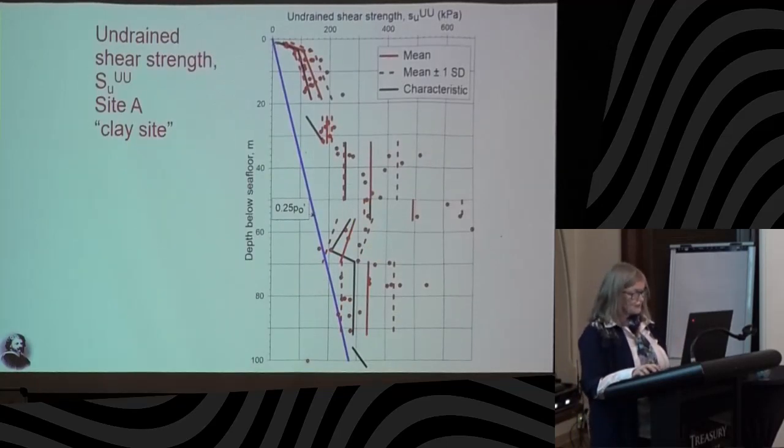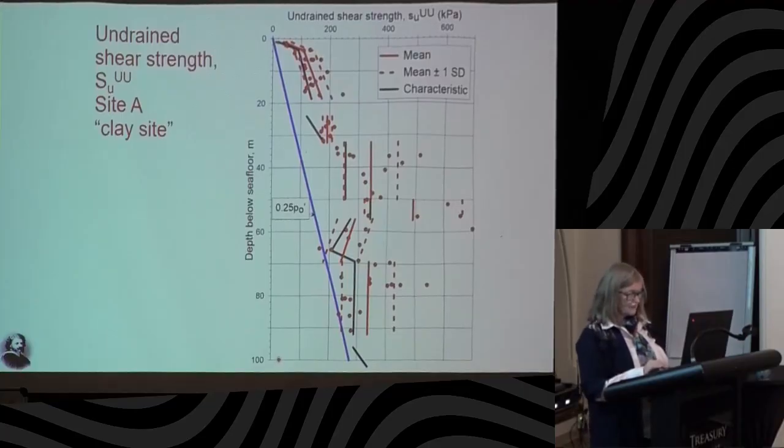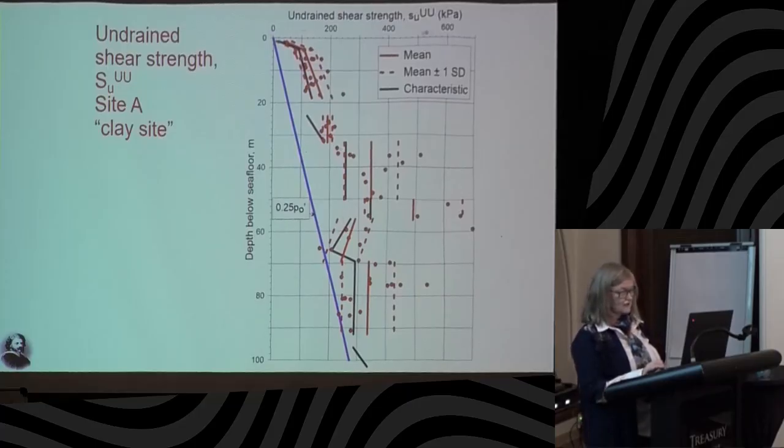Okay, so here was the first site, which is what we call a clay site, and the undrained shear strength versus depth. The blue line is 0.25 times the in situ overburden stress. Here you have the undrained shear strength. It was mainly based on lab tests and a few CPTs with depth. The value of shear strength is what's in red.